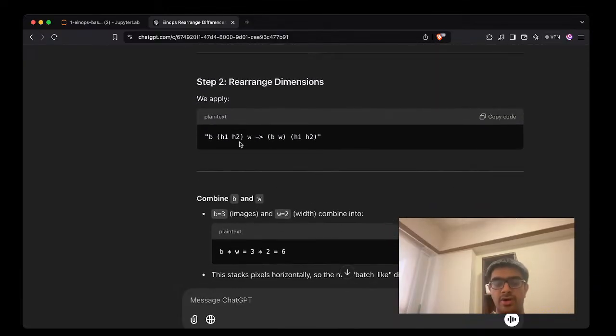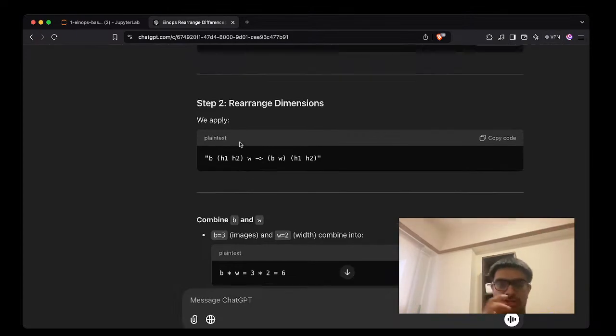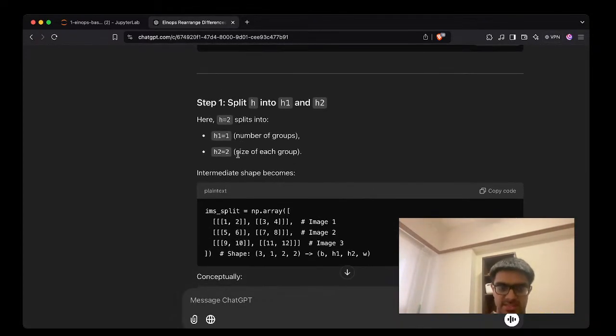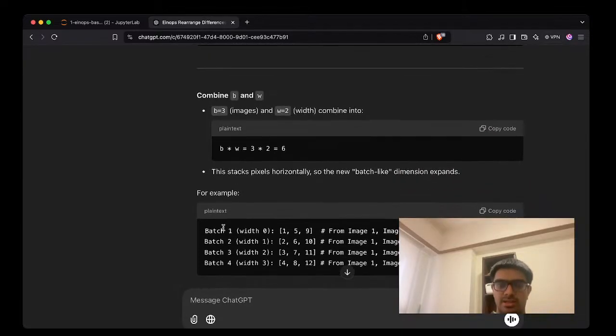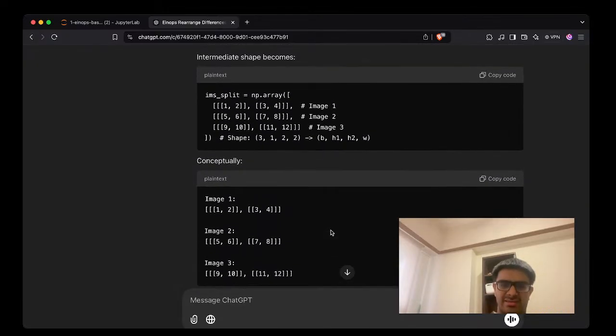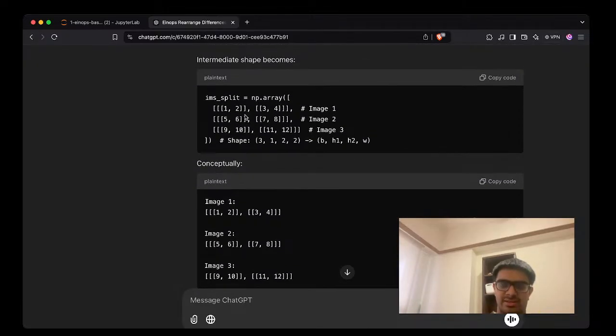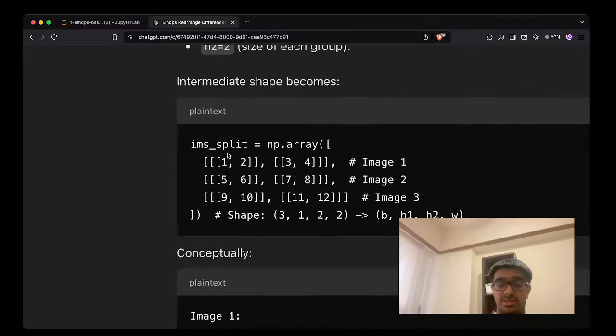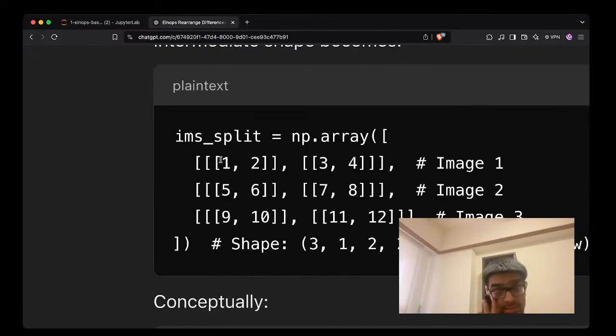BW. So batch 1. Okay, so I see. So it's 6, which means batch 1 I gotta do with 0, 1, 2, 3. So batch 1 with 0 is 1. Batch 1 with 2 is, okay, I see. Oh, it's 159. How the hell do we get 159? Batch is 3. Batch 1 with 0 is 159.